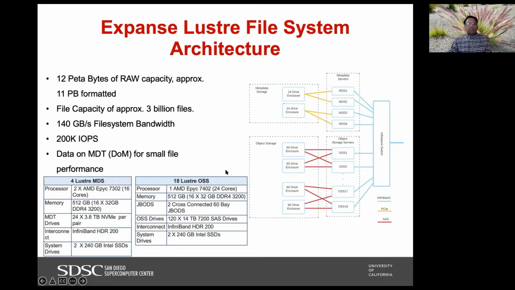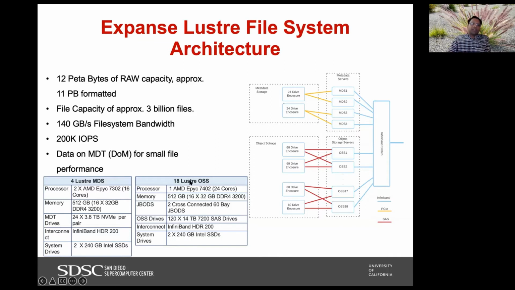This is the exact Expanse architecture. You have 12 petabytes raw and roughly 11 petabytes formatted. We get about 140 gigabytes per second and 200K IO operations per second. We also have the configuration to write data on metadata for small files, so small files can land on the NVMe instead of spinning disk.